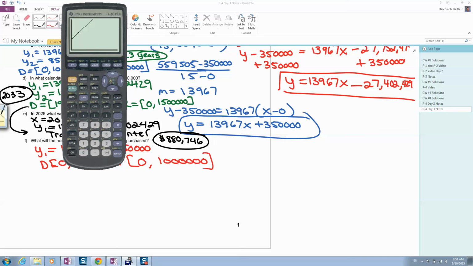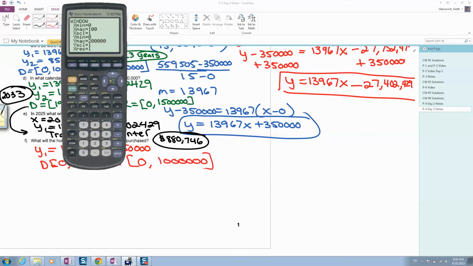But notice when we go trace and then 75, notice it gives us something above our range here. It gives us 1,397,525. So if we want to see where it is, we'd have to change our window to 2 million or 1.5 million.